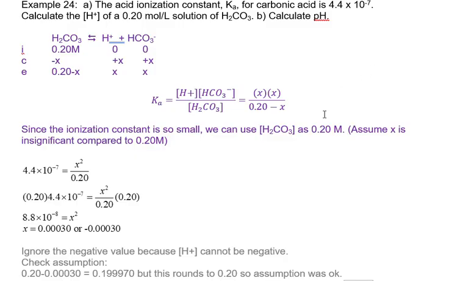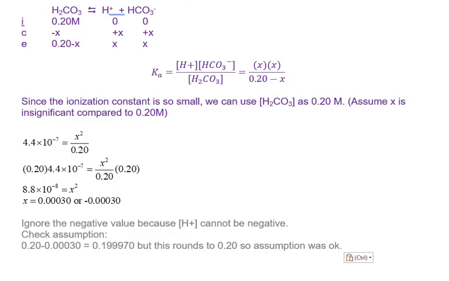So the assumption that it was so tiny holds up, right? It's not changing our 0.20. So now we can look at that x as being the correct answer for our ions, which gives us our hydrogen ion concentration.